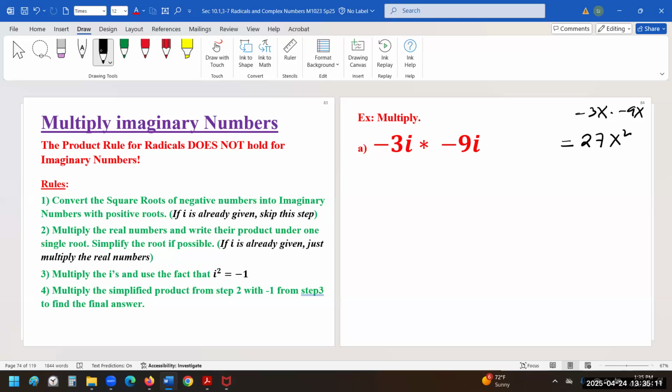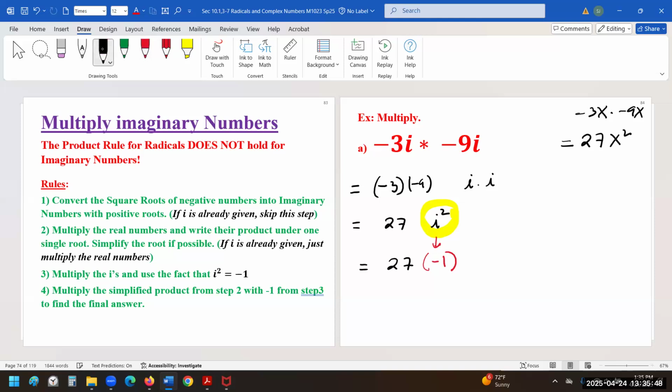We get the same thing for I. It's -3 times -9, I times I. That gives us 27I squared. Now, when you have x squared, we stop, we're done. But for I squared, it cannot stop because I squared is a real number. What is I squared? -1. So you must convert the imaginary number into a real number.